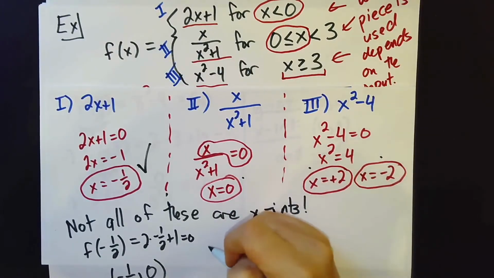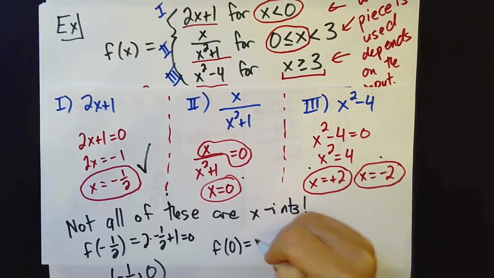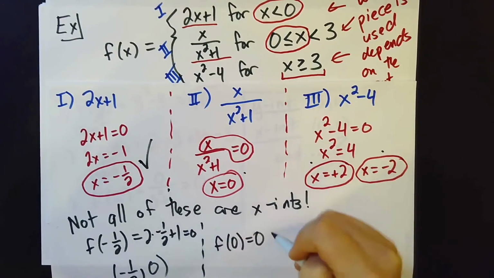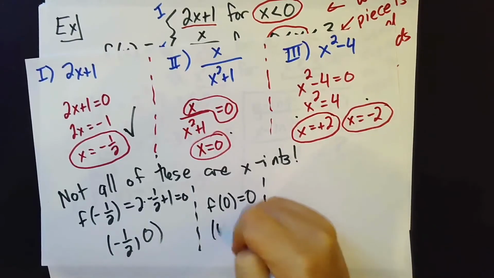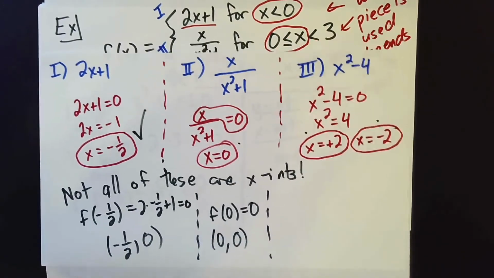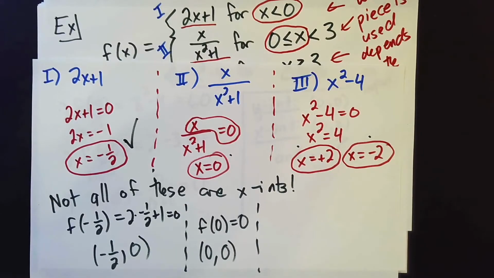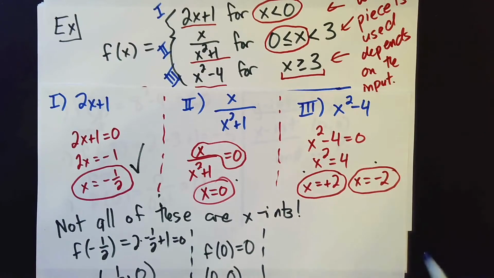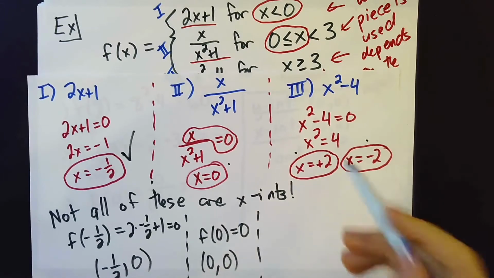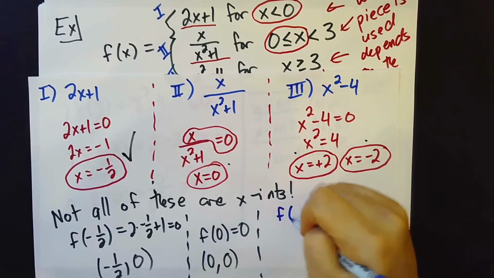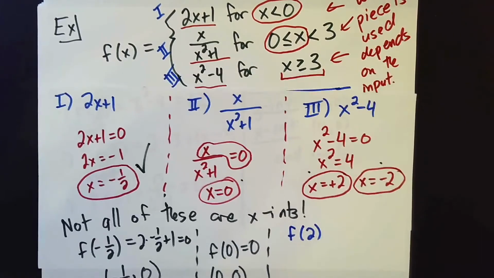We actually already checked that f of 0 is 0. And so that tells me that (0, 0) is a real input-output pair. That's an x-intercept. So I've got 2 more to check. What happens if I plug plus 2 into f?